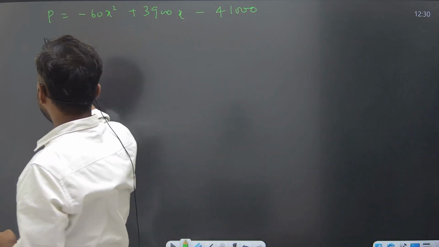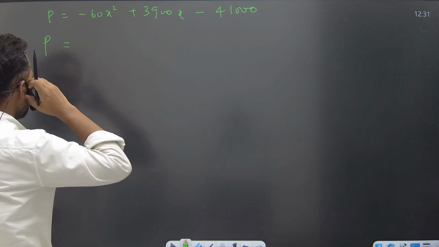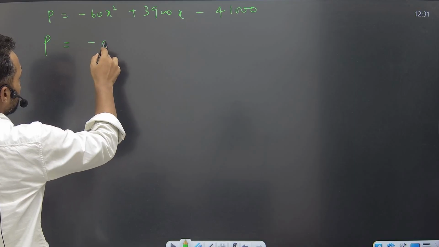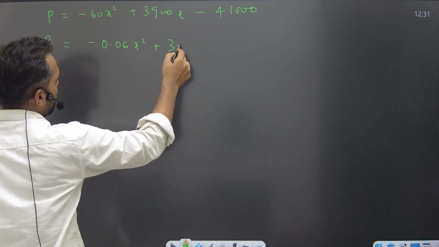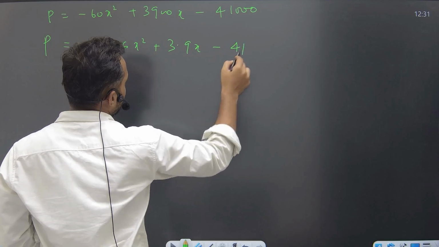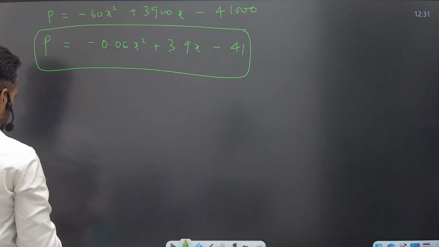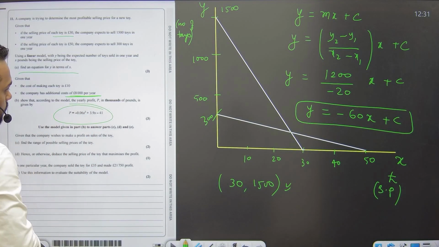So what will we get? Minus 0.06x square plus 3.9x minus 41. This is the profit value we have got. So in the question this is the value they were asking for.